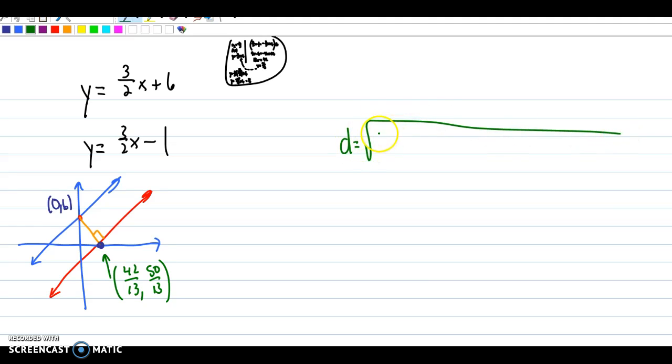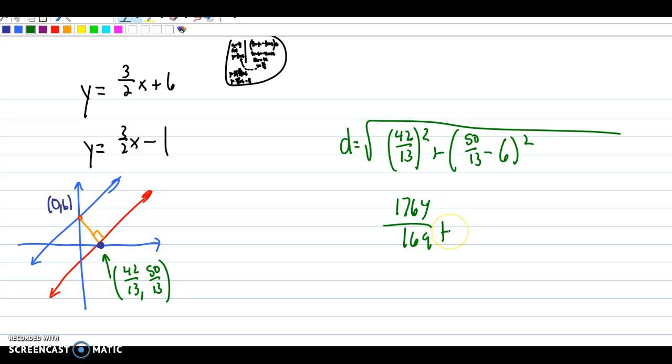Distance is the square root of 42/13 minus 0 squared, so it's just 42/13. And then 50/13 minus 6 squared. When we square the first one, we'll square the numerator and square the denominator. And then to take 50/13 minus 6, that is -28/13.